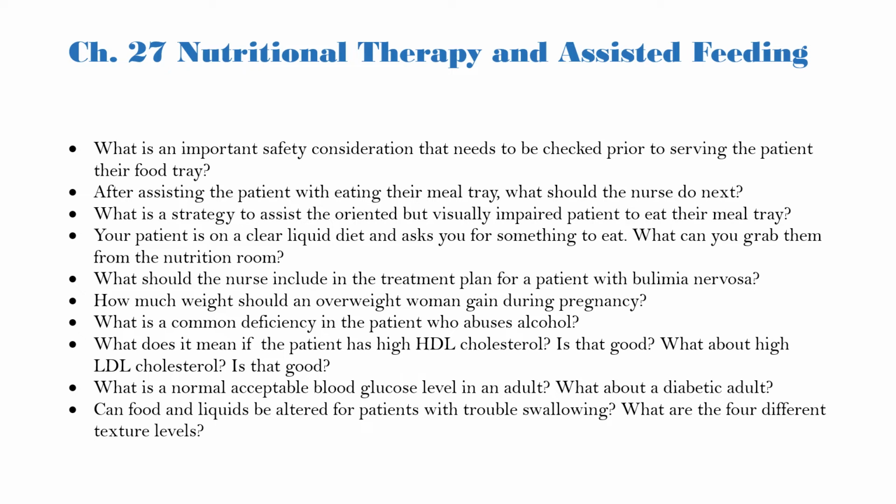Page 496. How much weight should an overweight woman gain during pregnancy? So you can find this information on page 497 in table 27.1, recommendations for total and rate of weight gain during pregnancy by pre-pregnancy body mass index.